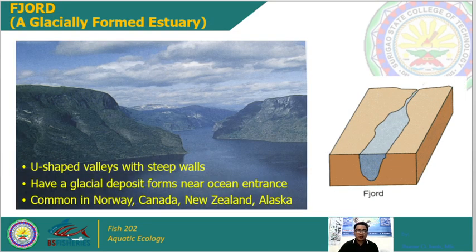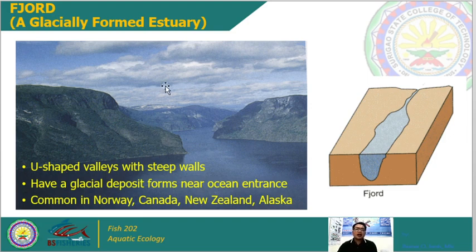And then next one is the fjord, or an estuary formed by glacier movements, no? That is a U-shaped valley with steep walls. Like for example, this one, steep kaayo na siya, layom kaayo na siya, or I mean habog kaayo na siya, no? Dili siya yung plain gyud nga pareho atong coastal plain.